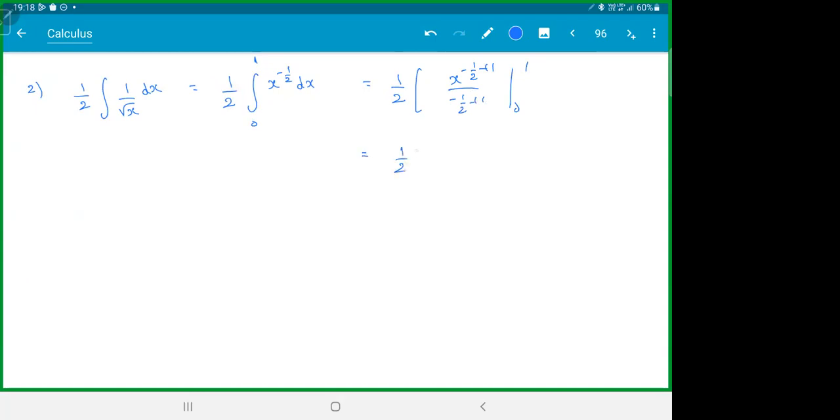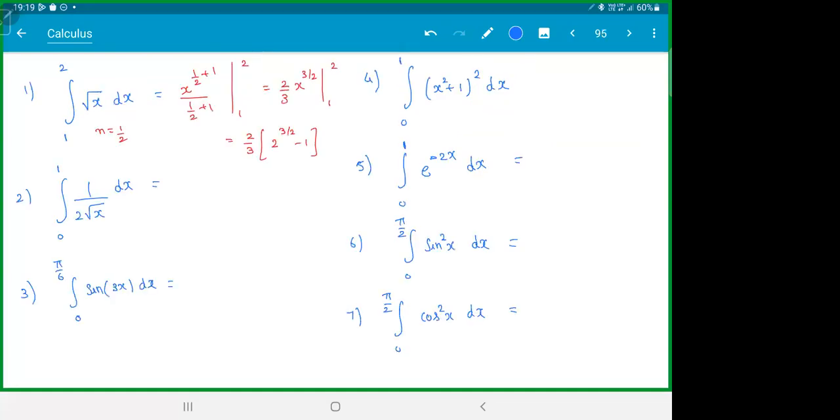So that is half, 2 will go up, and this will be root x from 0 to 1. The 2 will cancel. Root 1 minus root 0, that is 1. Check. So for this, the answer is 1.